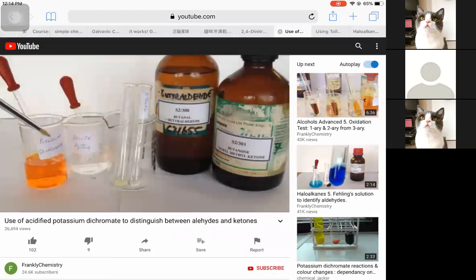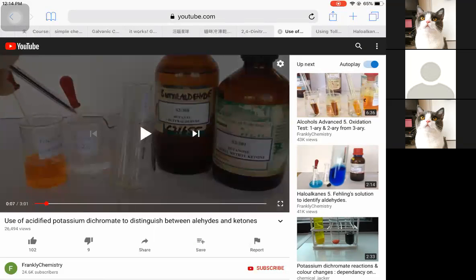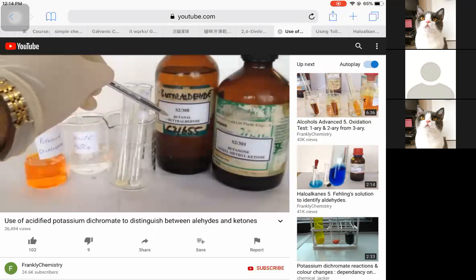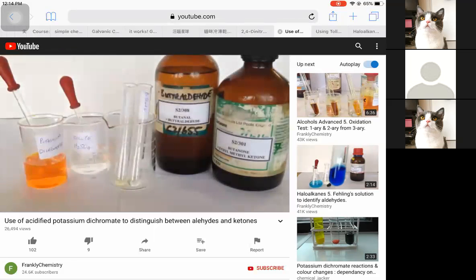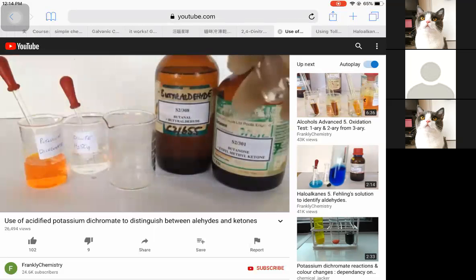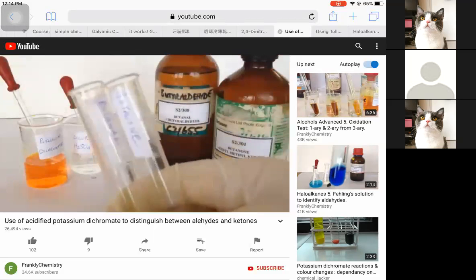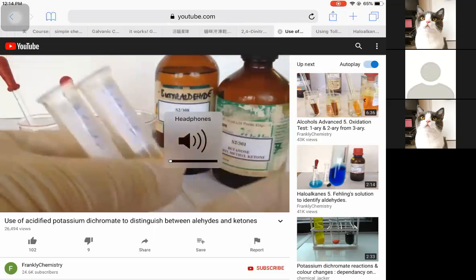Okay, so here you can see he got potassium dichromate, and then he got some sulfuric acid, and then he got aldehyde and ketone on the right hand side. Right, so the aldehyde he used is butanal, and the ketone he used is butanone.